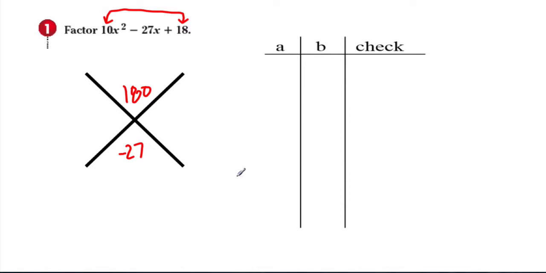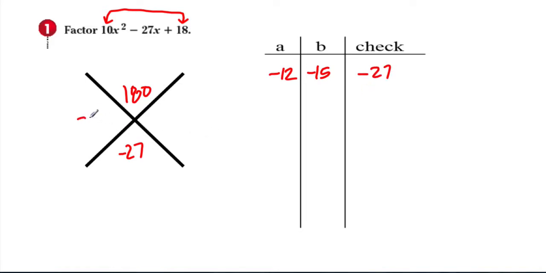We use this chart as what we did, and we find that if I use negative 15 here and negative 12 here, we end up with negative 27.